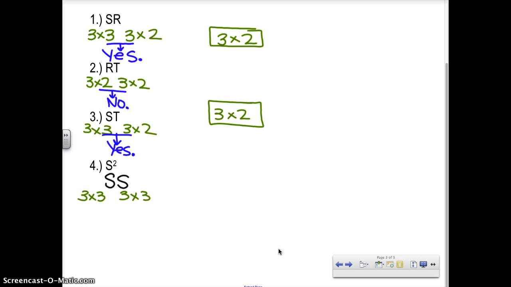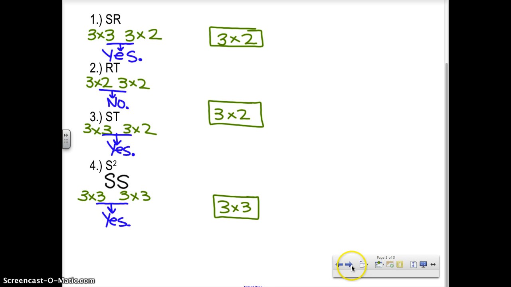These 3's are the same. Actually, there's lots of 3's up here, but the 2 middle 3's are the ones we care about. They're the same. So, yes, you can multiply them. The result is going to be a 3 by 3 square matrix. When the rows and the columns are the same, the matrix looks like a square, and it's called a square matrix.